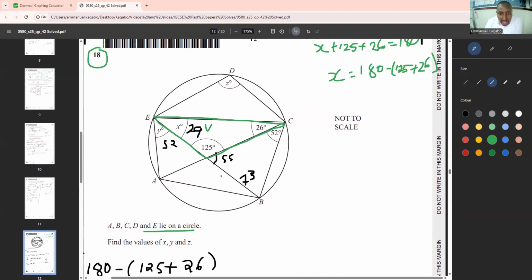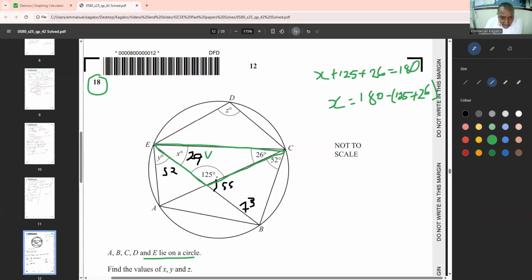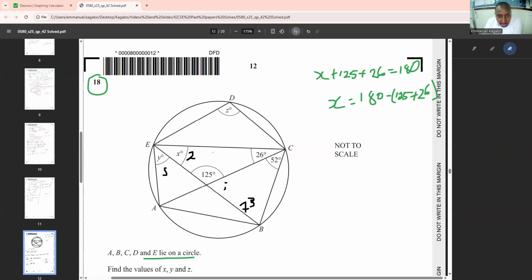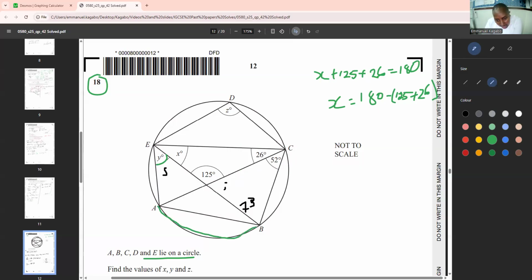The next question, they said find y. Okay, now y, let me remove what I have here because I want you to see exactly what I'm doing. This way, guys, where y is. Do you remember angles subtended by the same arc are always equal? You see that?